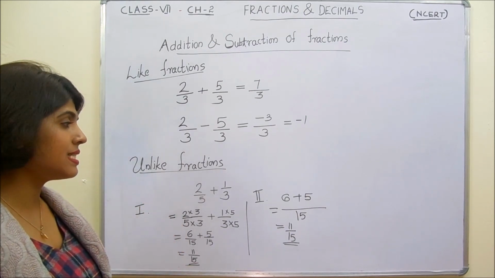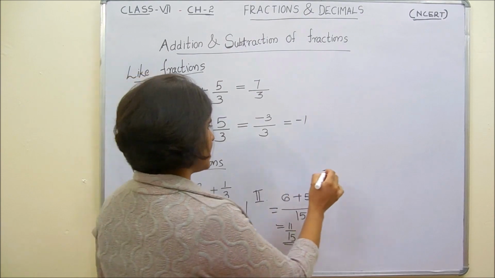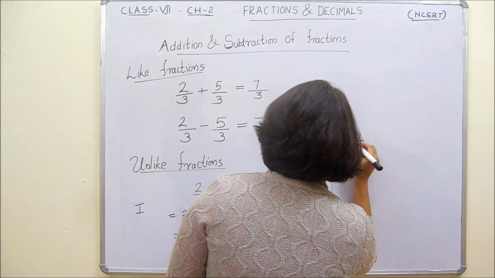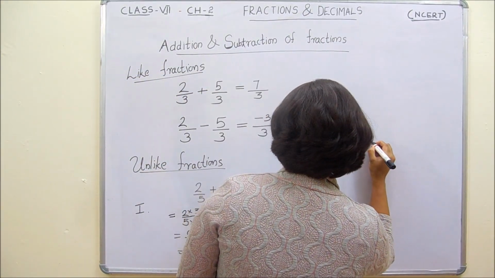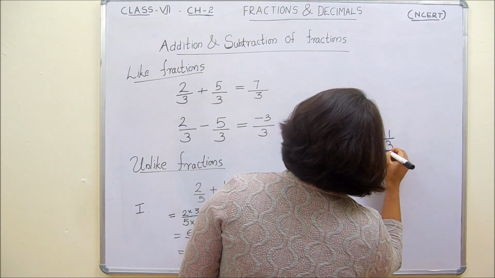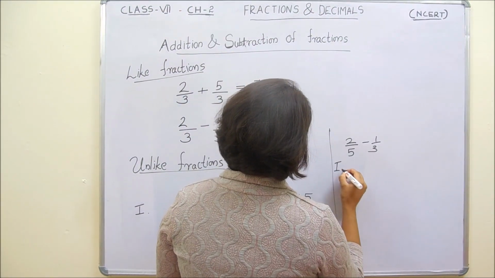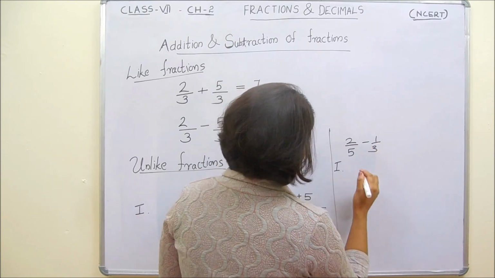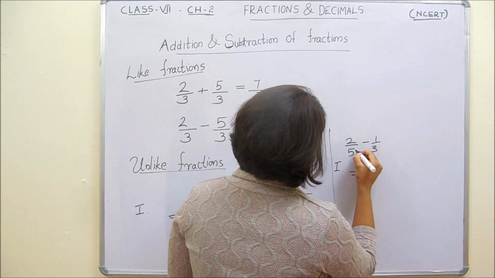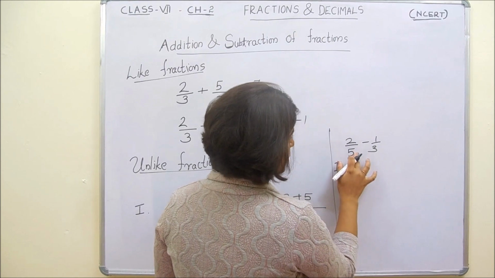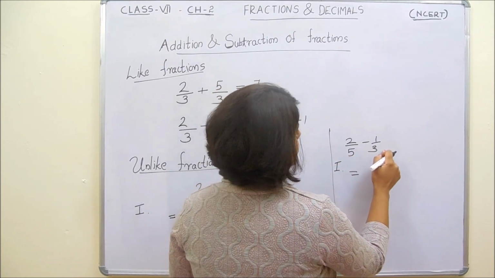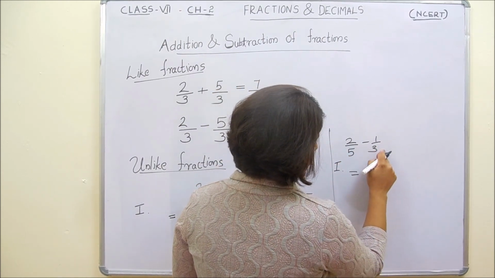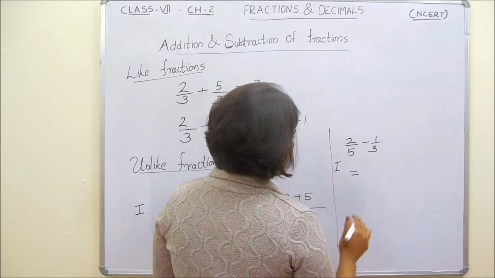And what about the subtraction? The same example we can consider, 2 by 5 minus 1 by 3. We can find the answer in both ways. In the first method, you can make the denominators equal. If we multiply the first fraction by 3, it would become 15. If we multiply the second fraction by 5, it would become 15.